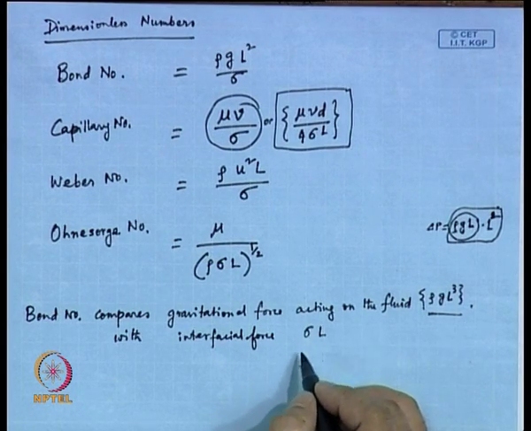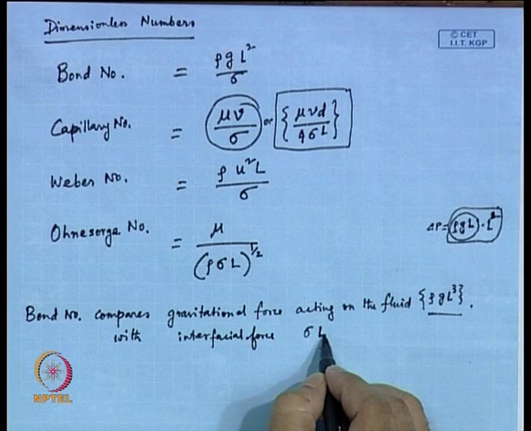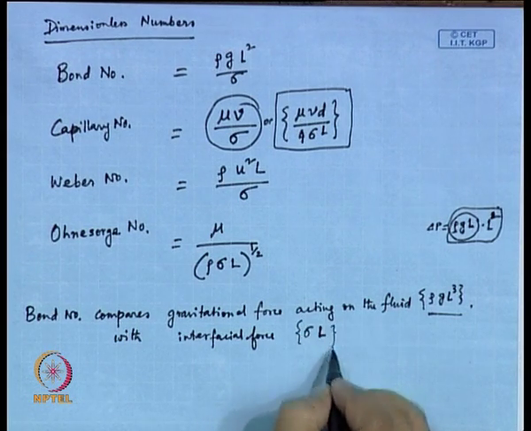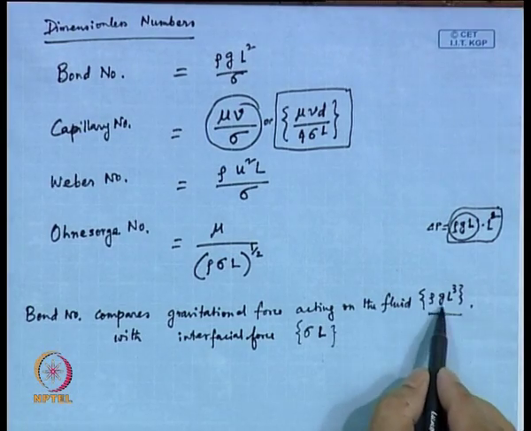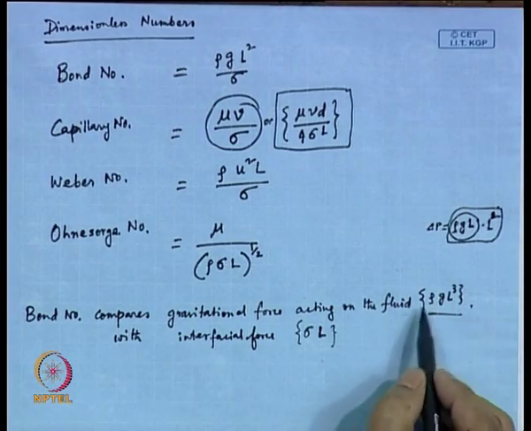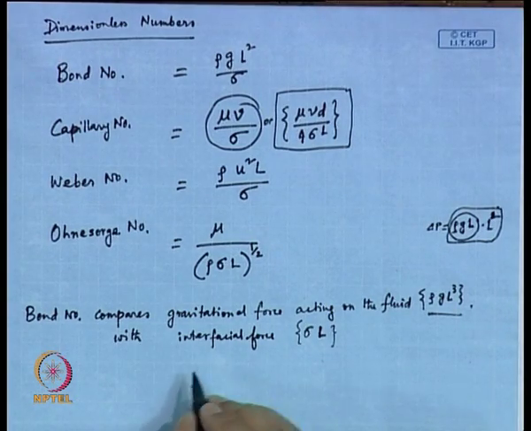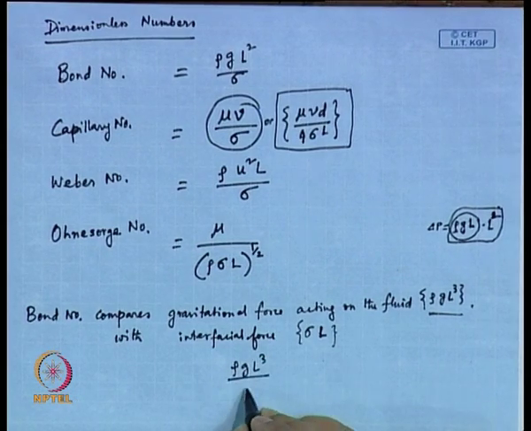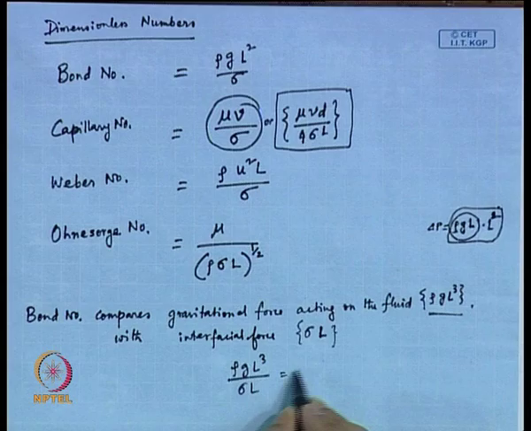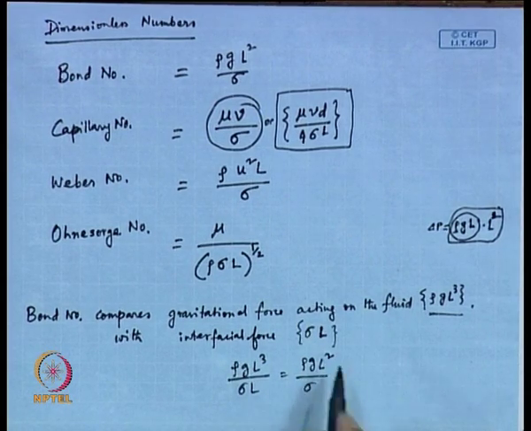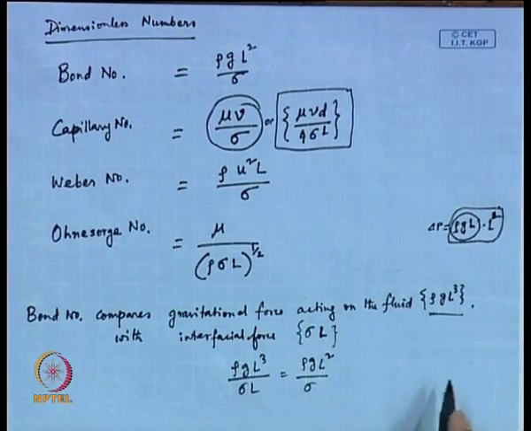You have to multiply by the dimension L, then only you get the force. This represents the gravitational force. So, the ratio of these two, that means rho g L cube divided by sigma L, or in other words rho g L square divided by sigma. That is exactly what bond number is.